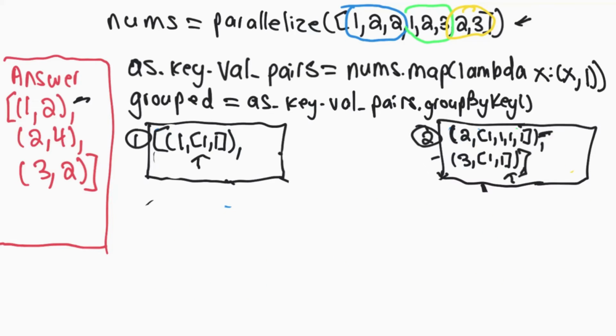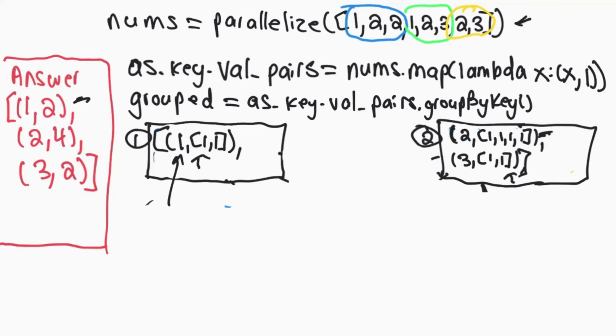So now that we have this grouped information, we want to apply a map to each of our elements, which are 2-tuples, where the first element is the key, and the second element is basically a list of 1s, where the number of 1s we have is the number of occurrences of that key. Then we can simply apply a map which sums over that list.